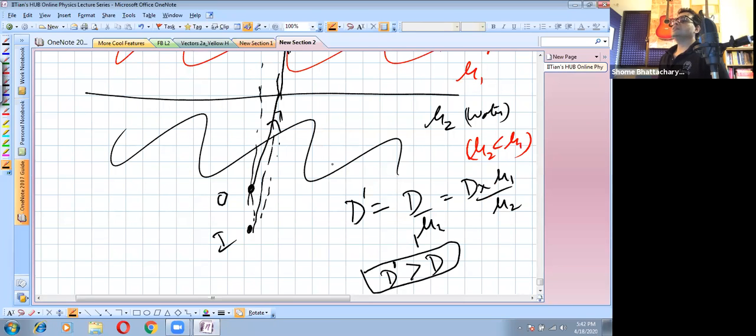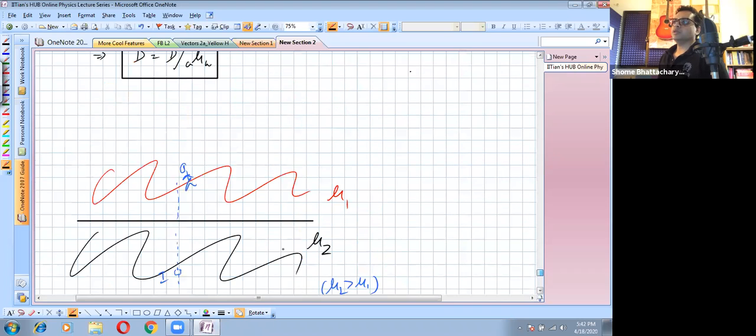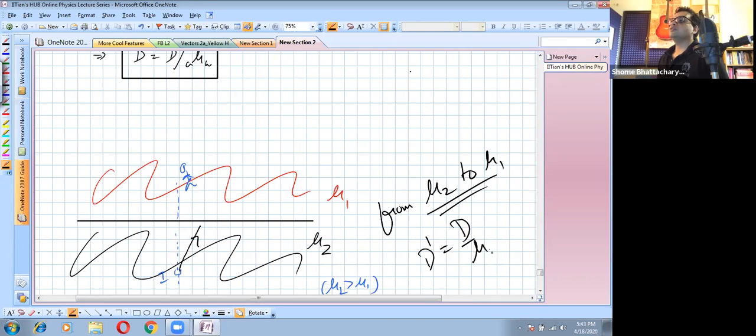So this is the thing in its generality, that when the light is going from mu2 to mu1, then the formula for apparent depth is real depth divided by refractive index of 2 with respect to 1. Now it is just two cases.